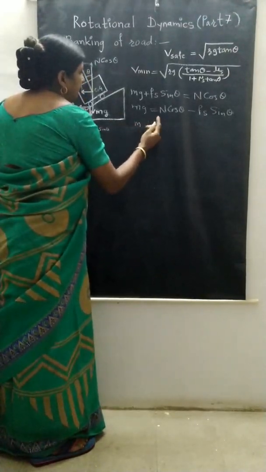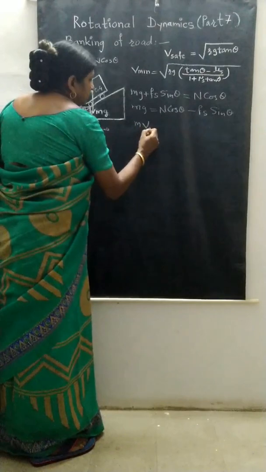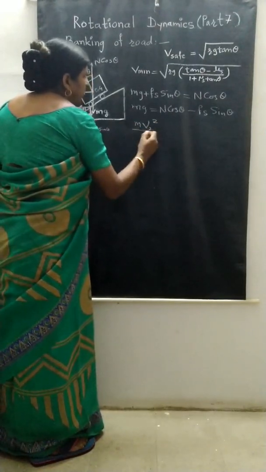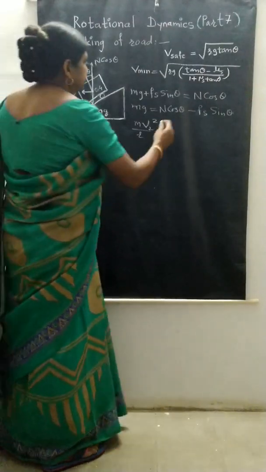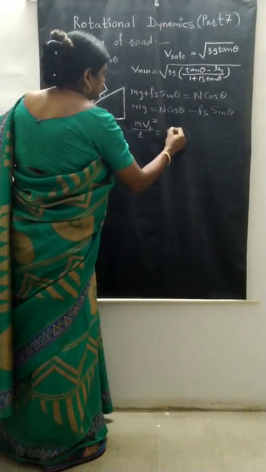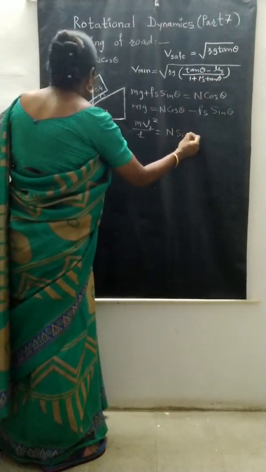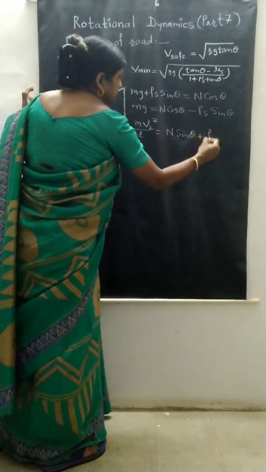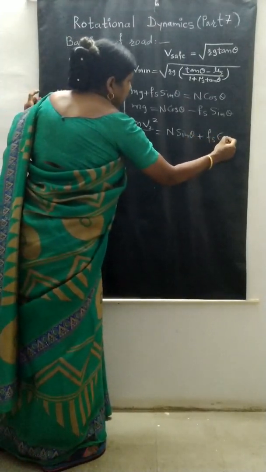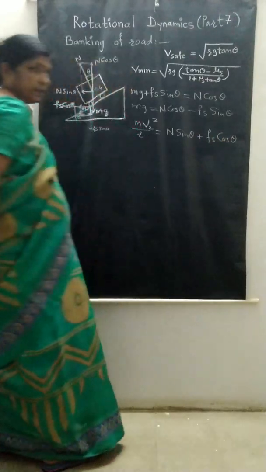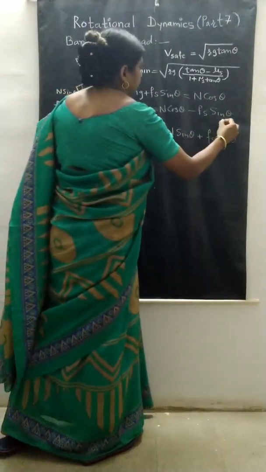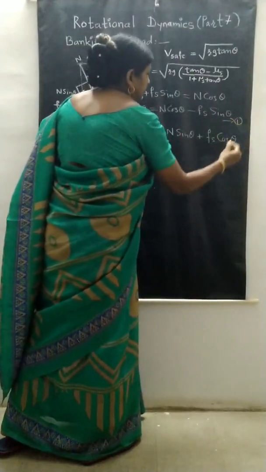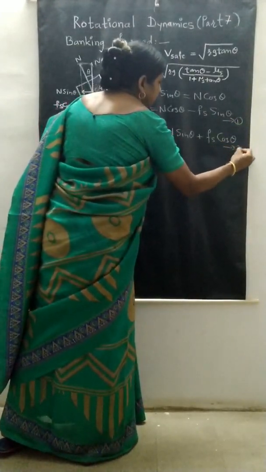So m v square upon r is equal to N sin theta plus Fs cos theta. This is equation number 1 and this is equation number 2 now.